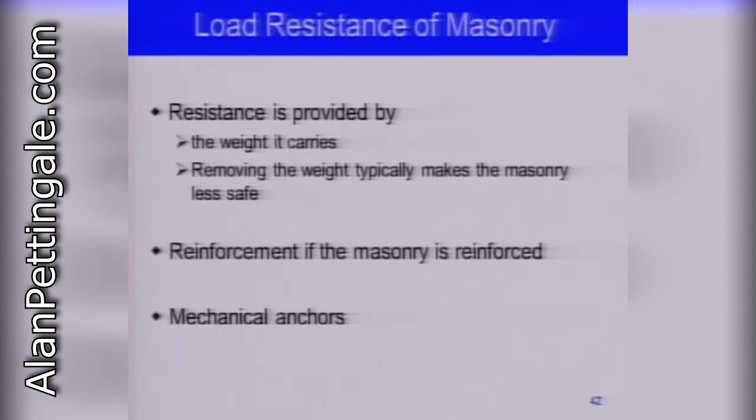Then the resistance. What is important to know in masonry is that the weight it carries is actually a good thing. In most cases, the resistance of the masonry really depends on the load it carries. So if someone removes the load from the top of the masonry, thinking that they reduce the demand, that's not the right path, because masonry has a lot of capacity in compression.